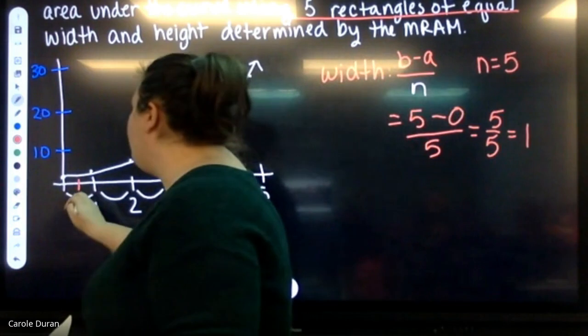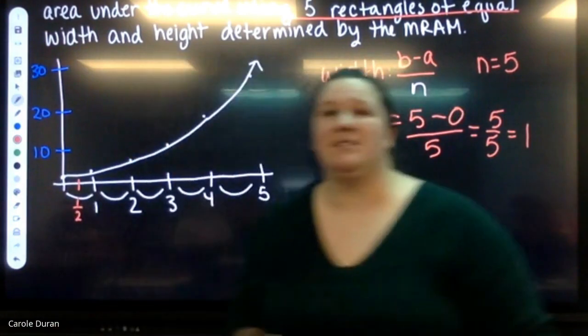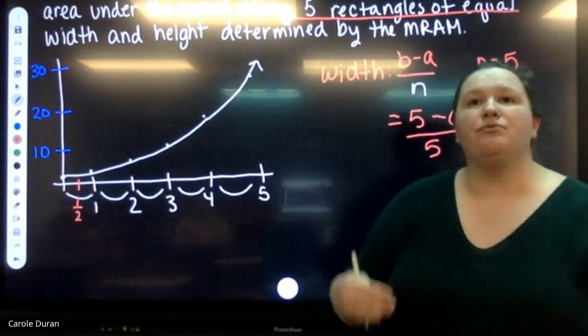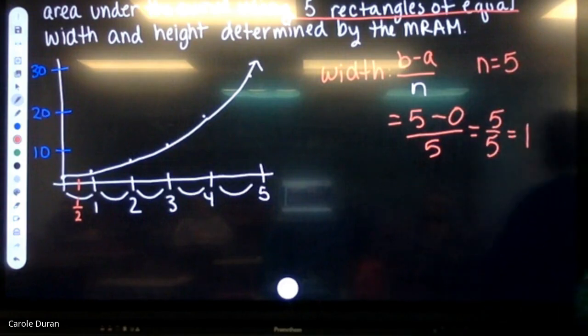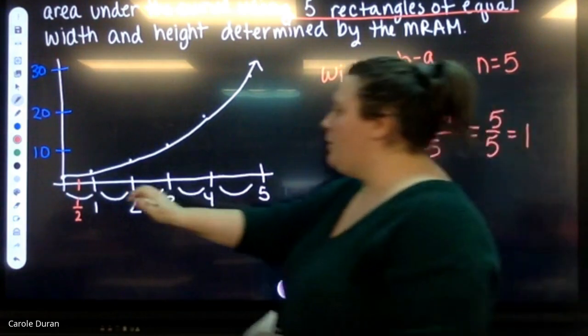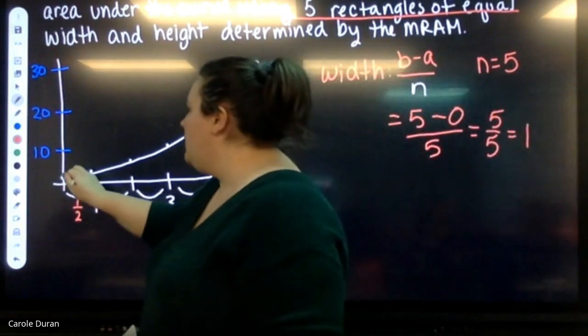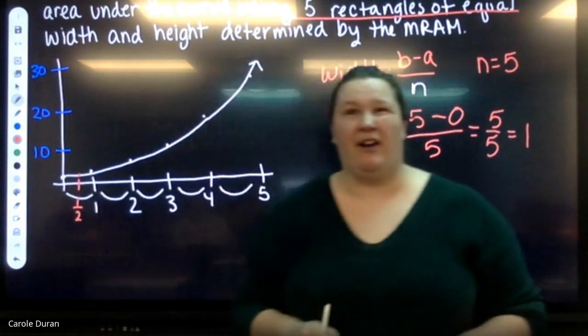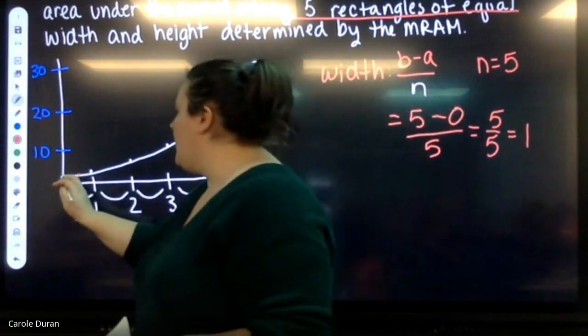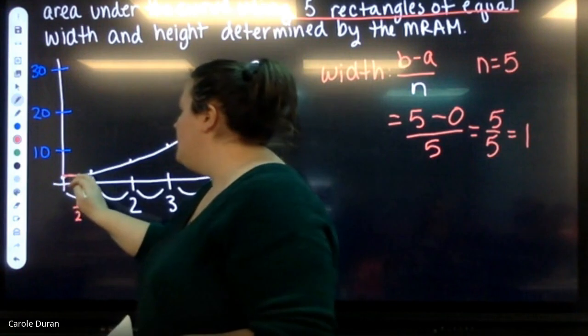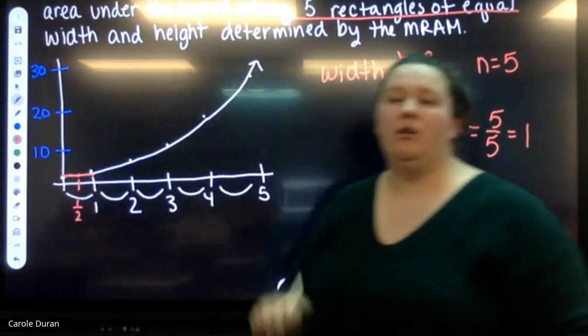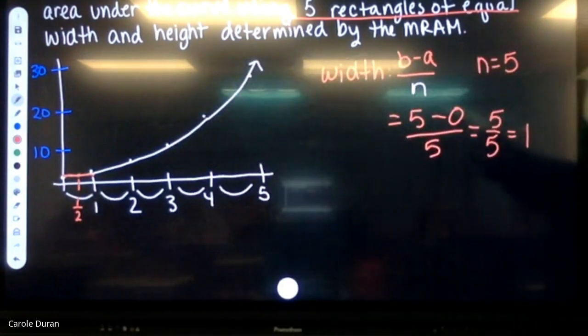So 1/2 is going to be my midpoint. To draw the rectangle associated with that midpoint, I'm going to go to where 1/2 is, follow it up until it touches my graph, and then draw a horizontal line that goes across that interval at that 1/2 value on the graph.